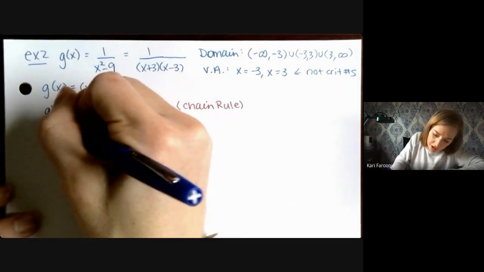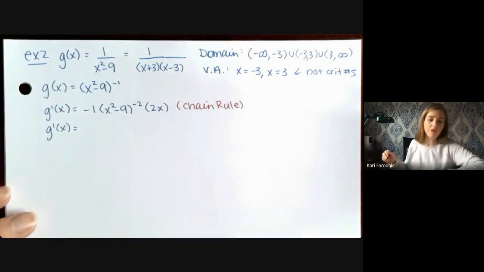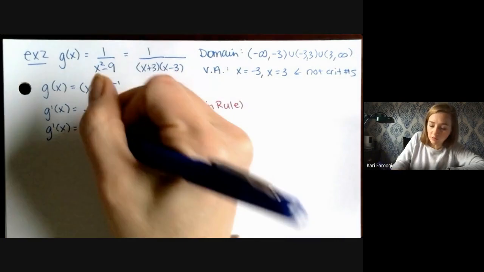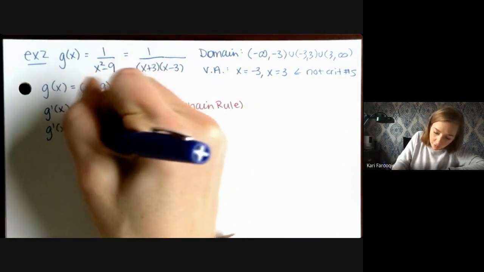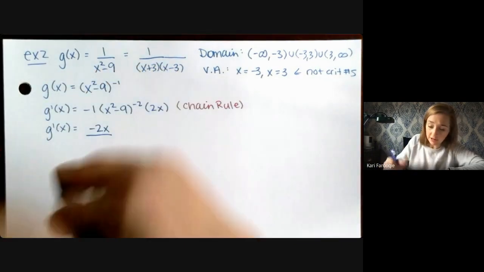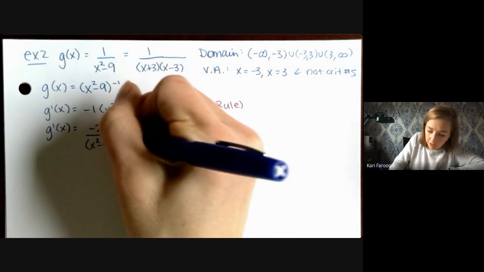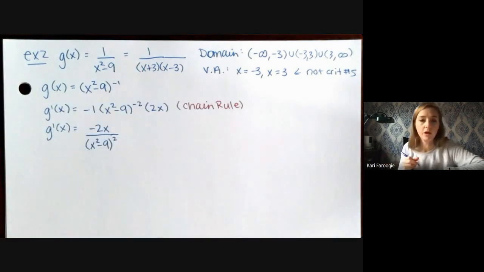And I'm going to simplify my function g prime because I'm going to eventually need to solve this equation, and it's going to be a lot easier to solve the equation if it's written as a fraction. So if you're like, well, then maybe I should have used the quotient rule, maybe. That's always up to you. You always have that option available to you. So my g prime is going to be -2x divided by x squared minus 9 quantity squared.